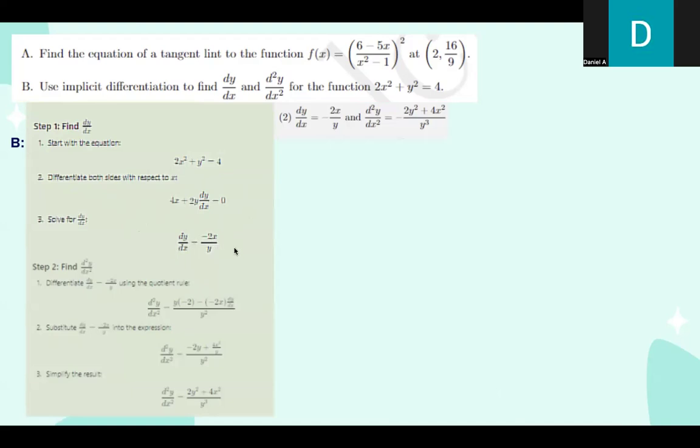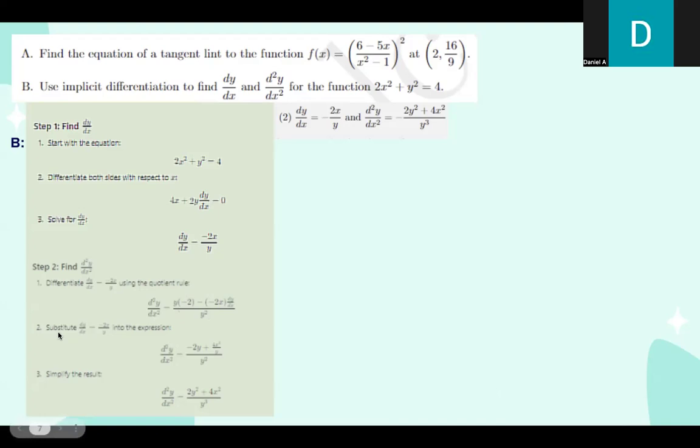That is the answer, by the way. Step 2 is to find d squared y over dx squared. So differentiate dy/dx = negative 2x over y using the quotient rule, which gives us (y(-2) - (-2x) dy/dx) over y squared.